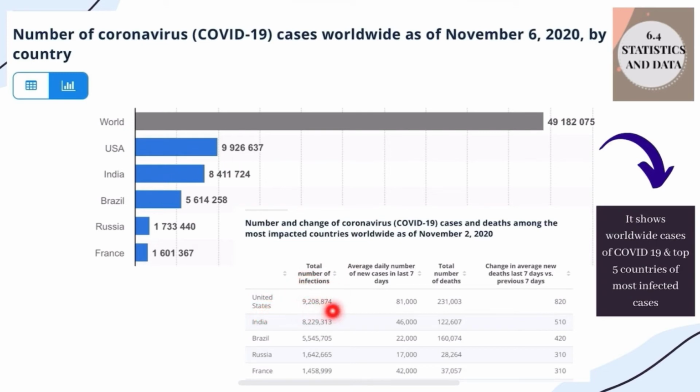We have the average daily number of new cases in the last 7 days, total number of deaths, and the change in average new deaths in the last 7 days versus the previous 7 days, where the USA also holds the highest number with 820 cases, followed by India 510 cases, Brazil 420 cases, and 310 cases for both Russia and France.